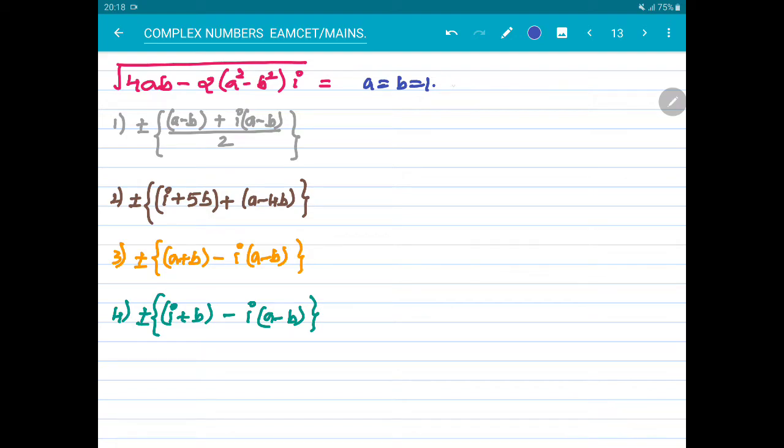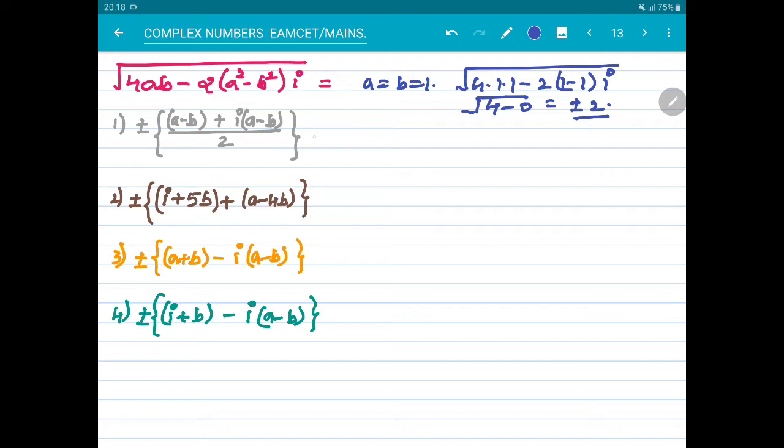So this value will be the square root of 4 times 1 times 1 minus 2(1 - 1)i, that is, under root 4 minus 0. So the value is plus or minus 2. Let us check the options by substituting a = 1 and b = 1 and see where we get plus or minus 2.